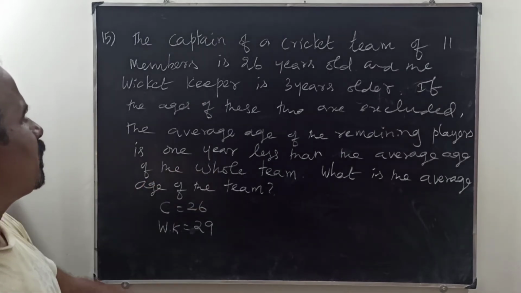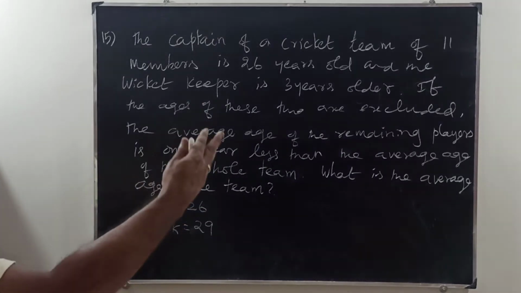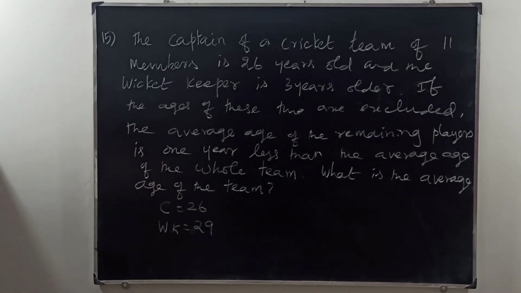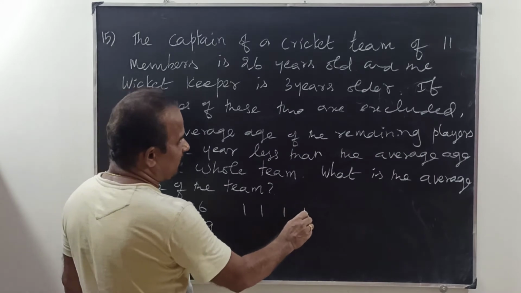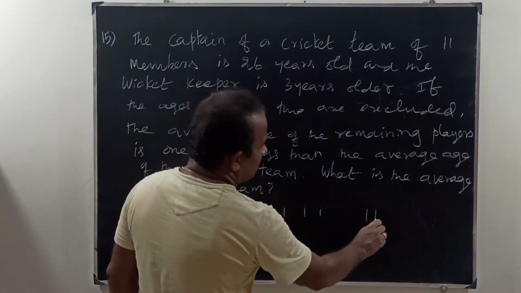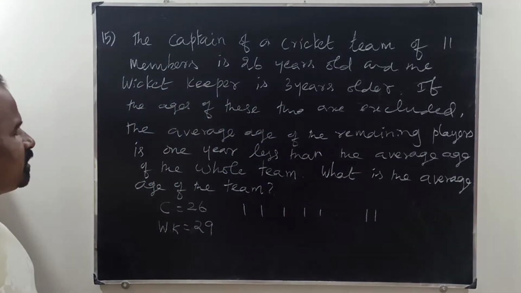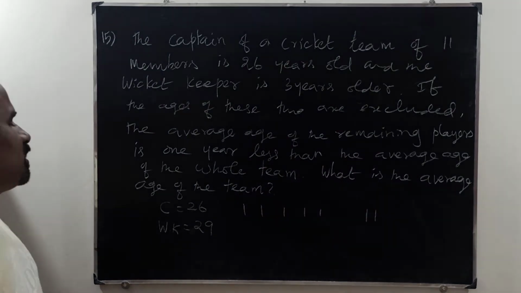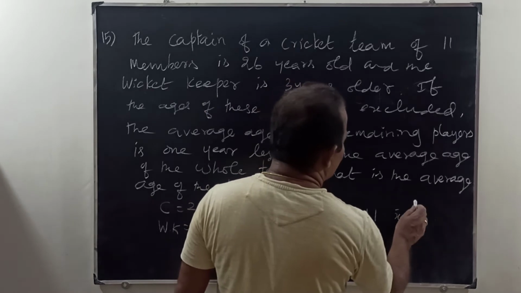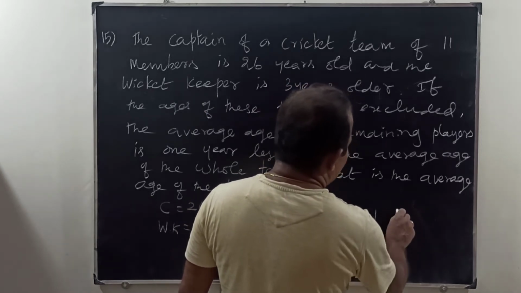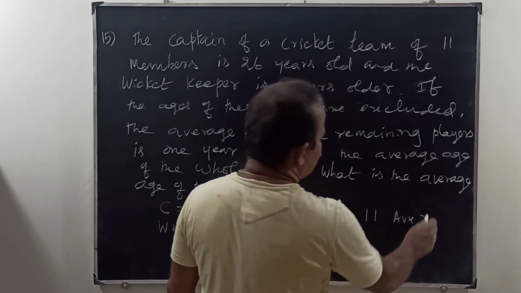The average age of the remaining players is 1 year less than the average age of the whole team. Suppose the team consisting of 11 persons has average equal to x.